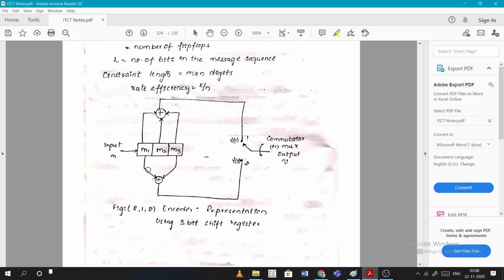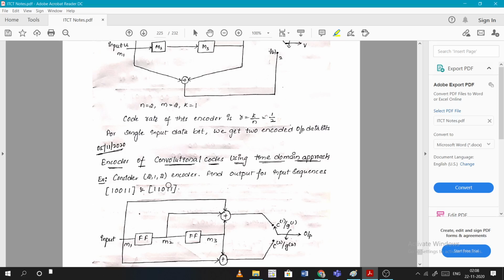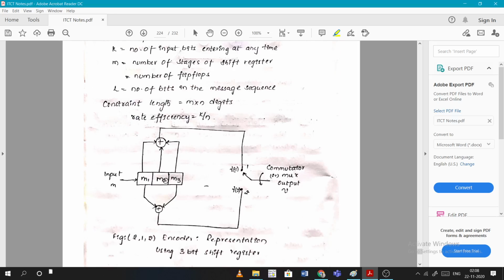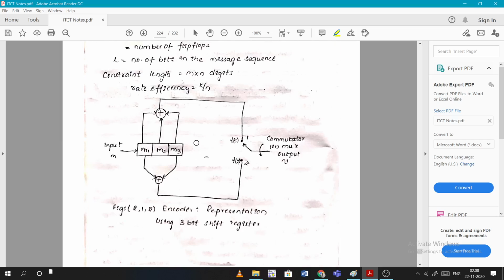Now what we will do, we'll just give the input to the circuit. They will also give it, and there are 2 outputs. So we can find what the constraint length is, M cross n. For this, how to find m? So n comma k comma m.